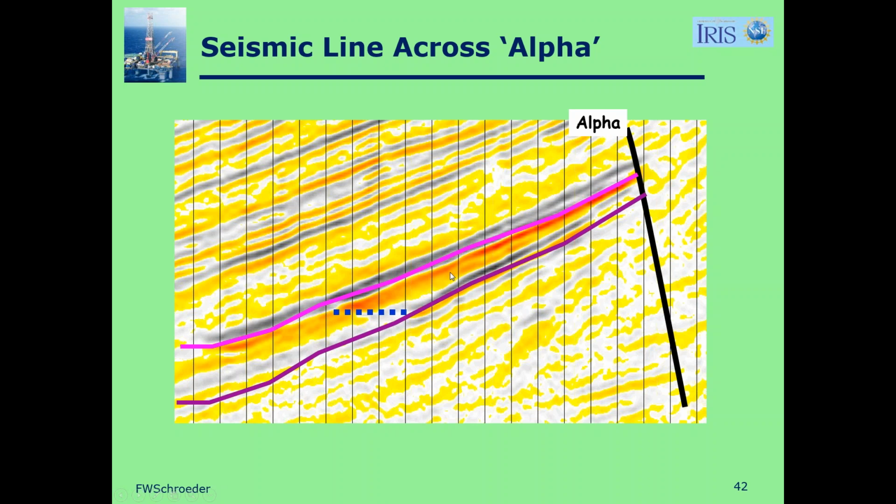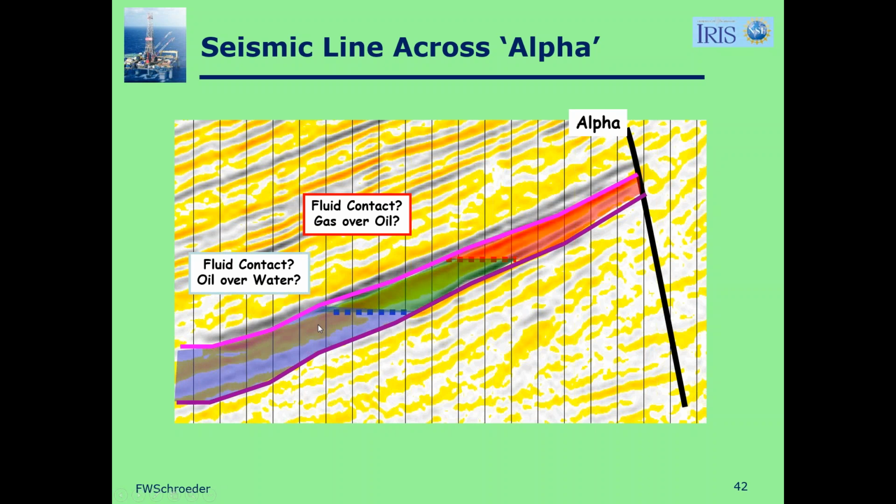But if I look at the amplitudes a little further, I go from really strong to moderate. This is a little bit more interpretive, a little bit more optimistic, but there may be a fluid contact here as well. If that's the case, because gas is less dense than oil, I would have gas in this part of the reservoir, I would have oil between the dotted red and the dotted blue, and then I'd have brine further down.